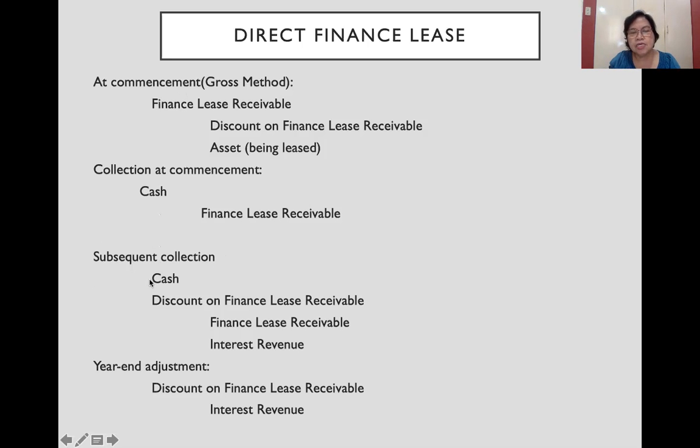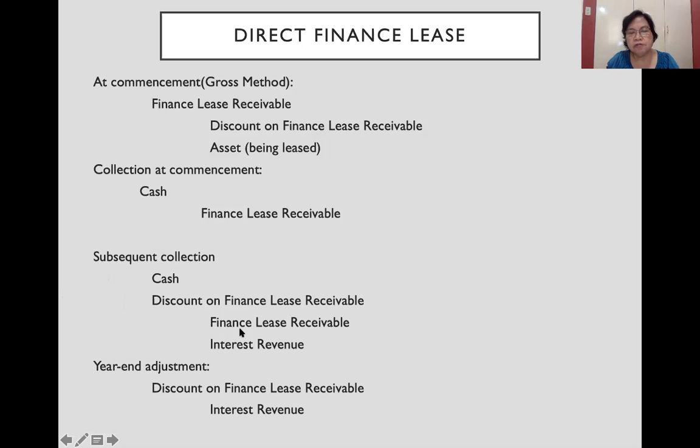So your entry is to debit cash, credit finance lease receivable at gross. However, the amount of interest income that will be amortized is recorded by debiting discount on finance lease receivable and crediting interest revenue. So we are to prepare an amortization table similar to the amortization table that we prepared in part 1 for the lessee.